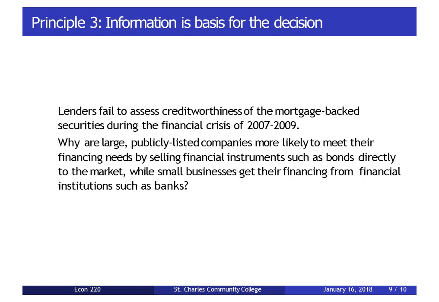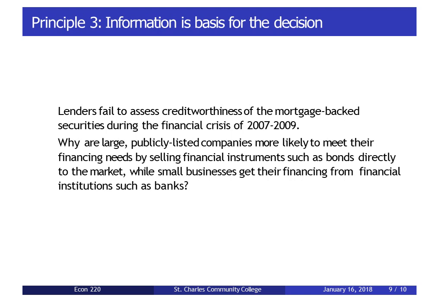And let me discuss another relevant question. Why are large publicly listed companies more likely to meet their financing needs by selling financial instruments such as bonds to the market, while small businesses get their financing from financial institutions such as banks? Well, this is because it's less costly for a commercial bank to get information from a small business, thanks to their strong network.